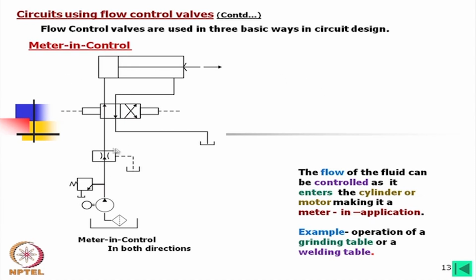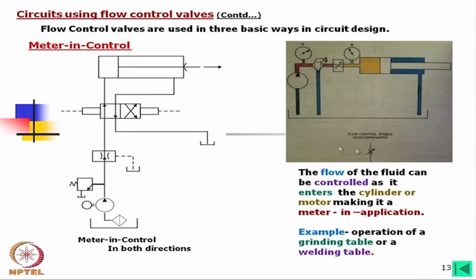Although there is control in both directions, at that time there will be low pressure, and also as the area is less, it will return very fast. So, while it is grinding or welding, that will operate at slow speed and with a controlled flow.